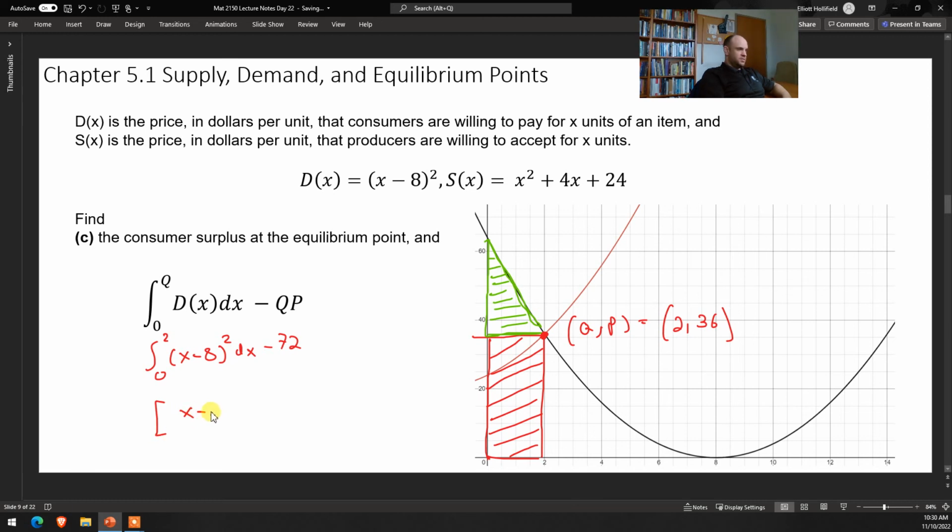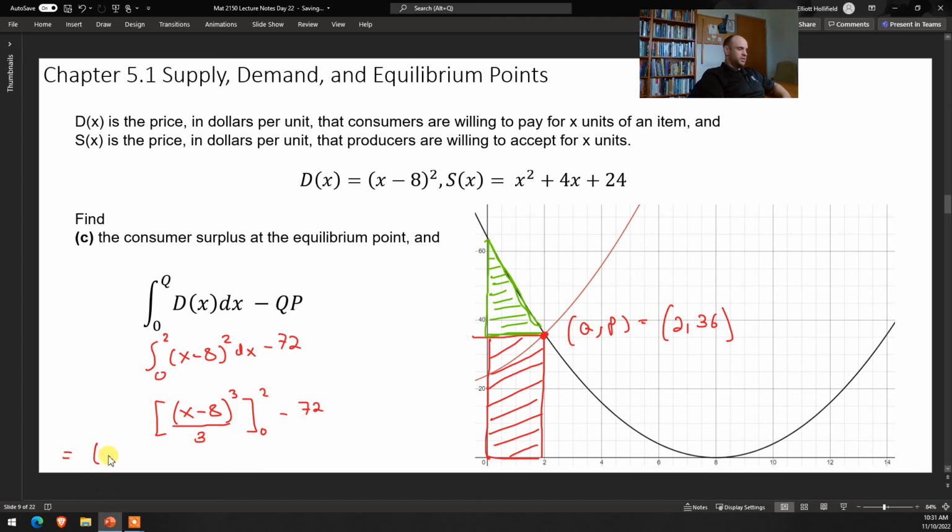Now we can apply our power rule. This becomes (x minus 8) cubed over 3, evaluated between 0 and 2, minus 72. Now we can do the evaluation. Plug in 2.